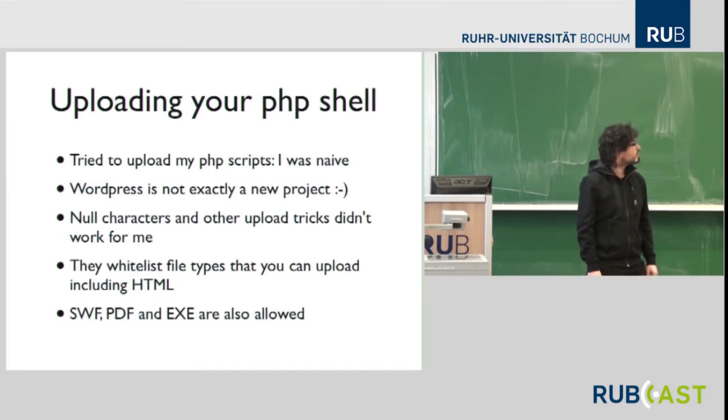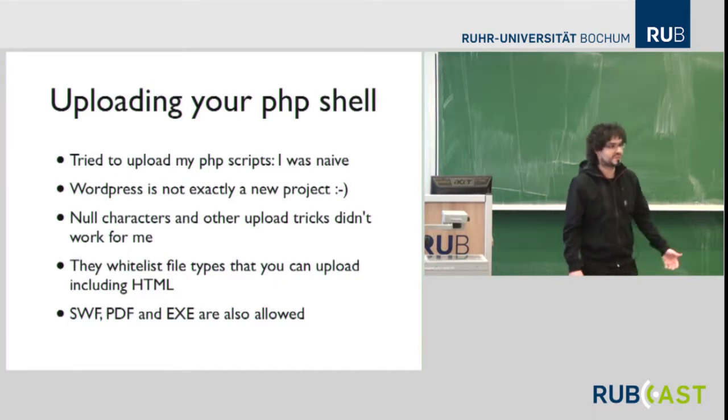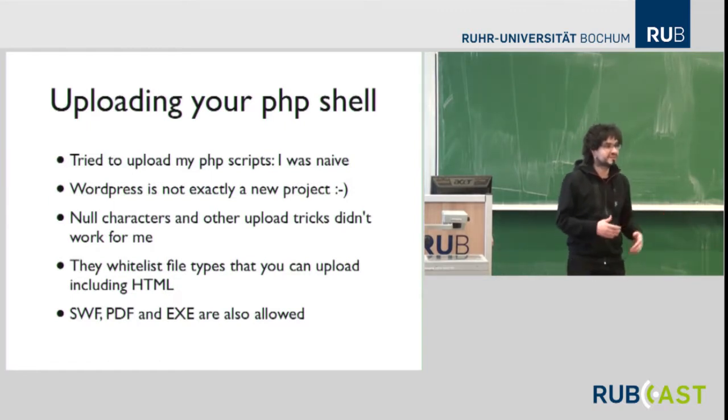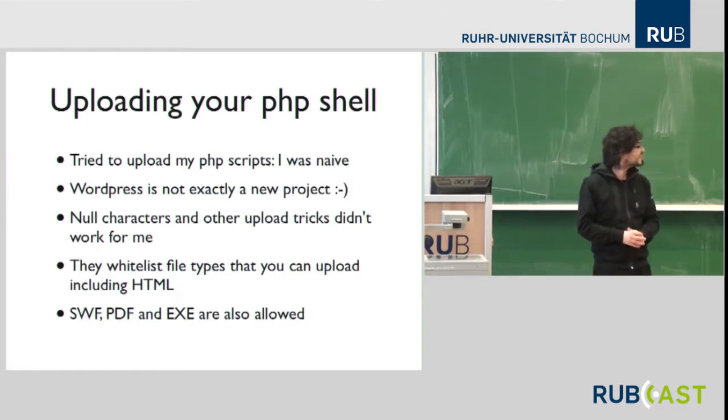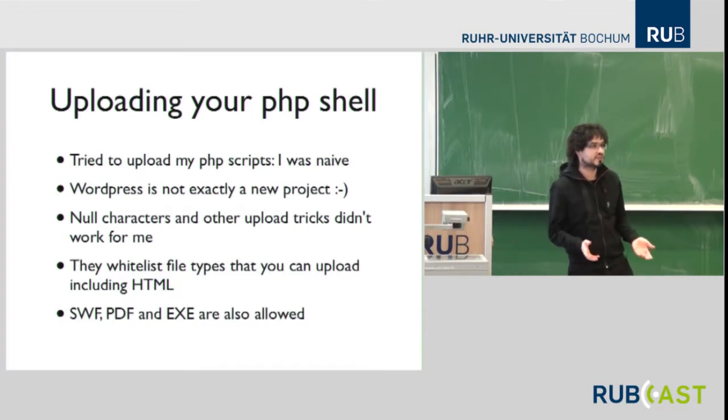And I tried to upload, of course, PHP scripts, but it was running the latest version of WordPress, not some WordPress from 2005. So it didn't work. I tried other tricks, null characters and so on. They don't work. Not in this case anyway.